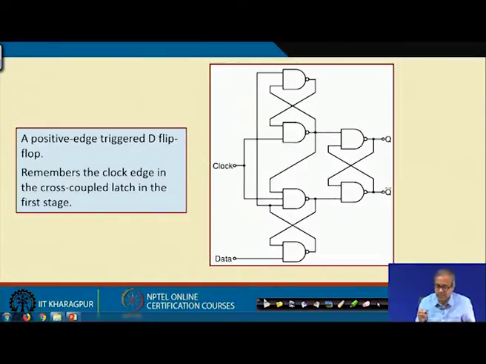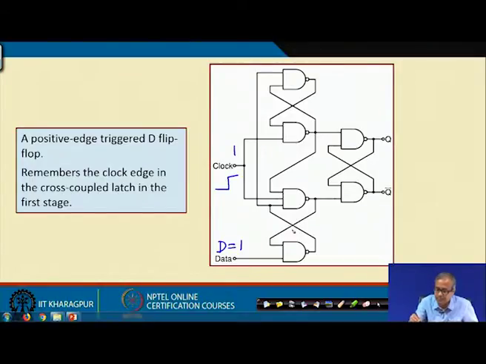Now, let us see when the clock becomes 1, just from 0 it has changed to 1, it has just become 1. Let us see what happens, and suppose at that time I have applied D equal to also 1. So, when this happens, you see this D equal to 1 is coming here, right, and this clock has become 1.